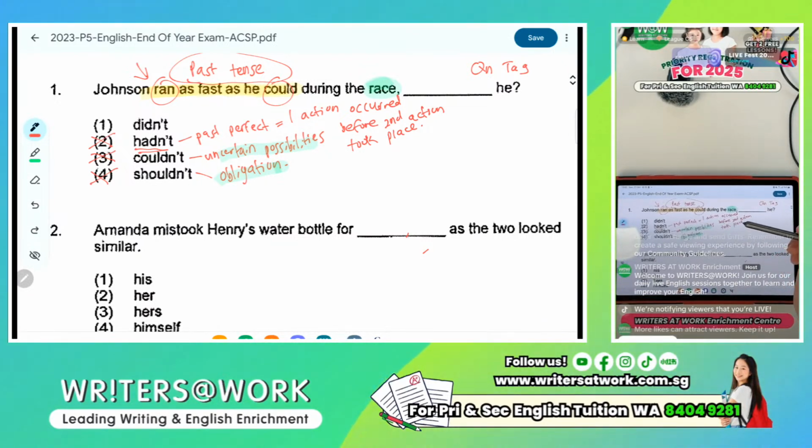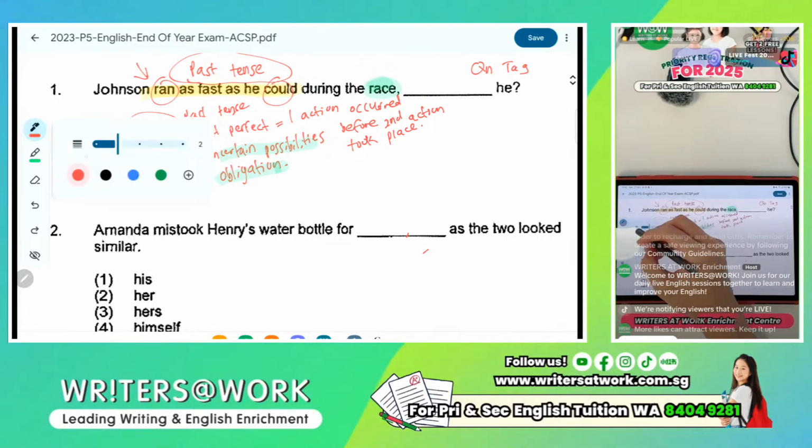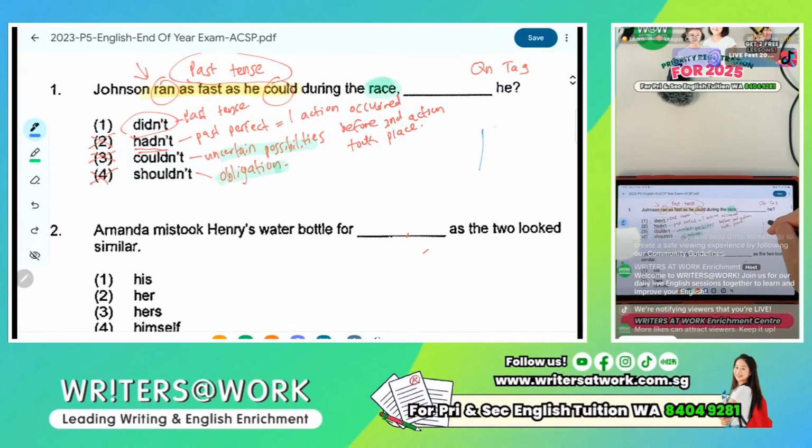Now let's take a look at option 1, didn't or did. This is used with my past tense. As such, this option can be accepted for question 1, and that will be my answer. So some of you may be asking, where is the did?